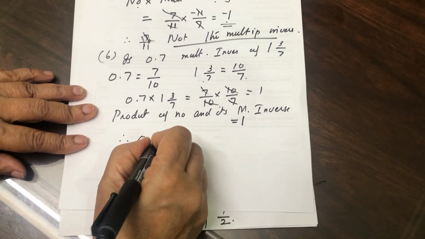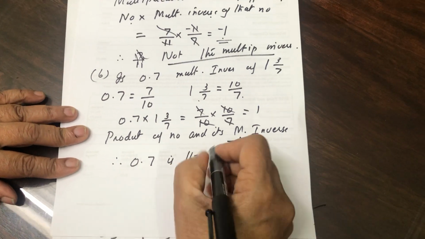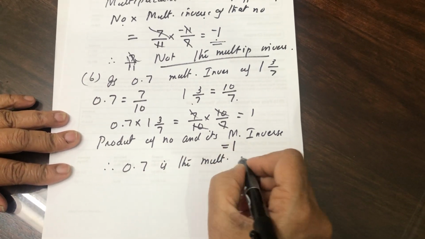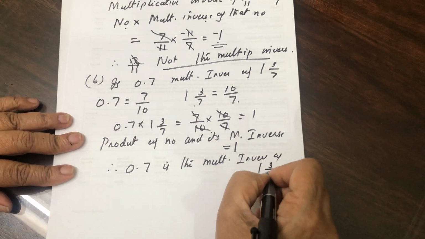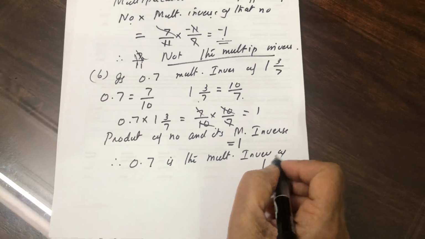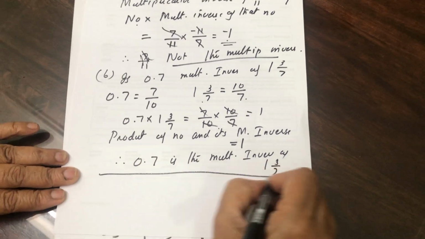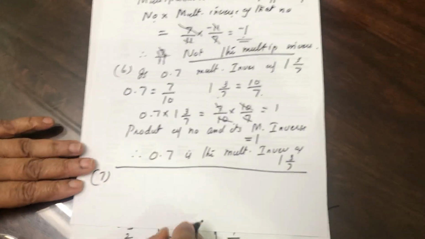Therefore, 0.7 is the multiplicative inverse of 1 3 by 7.